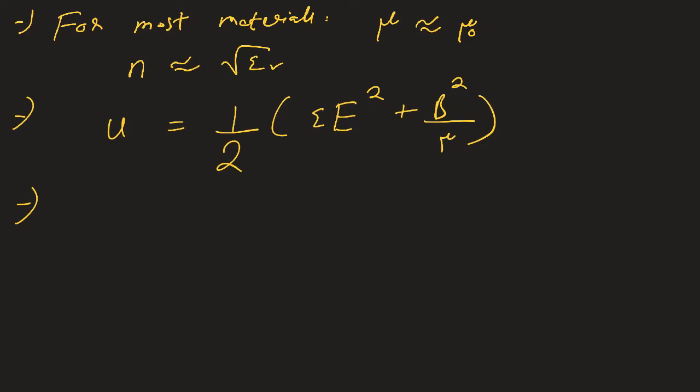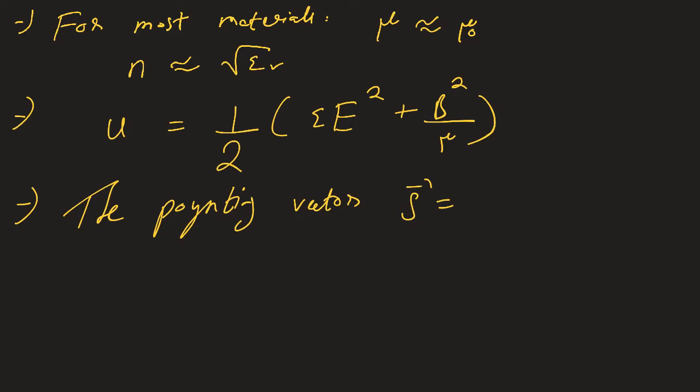And similarly, the Poynting vector, which we denote as S, would become equal to 1 over mu, not mu naught, times E cross B, right?